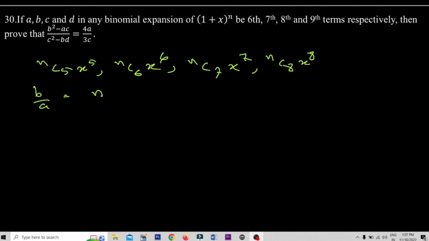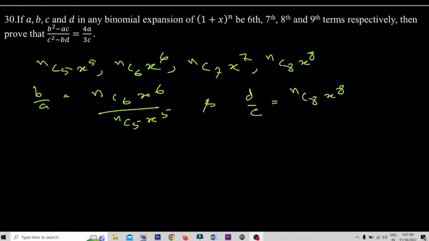So B by A means nC6 x to the power 6 divided by nC5 x to the power 5. Therefore, we can write here. Okay, let us do the next portion. And D by C equal to what?